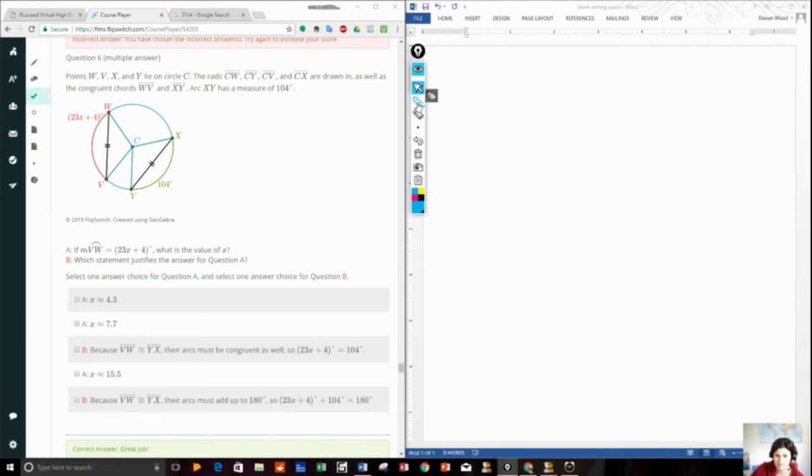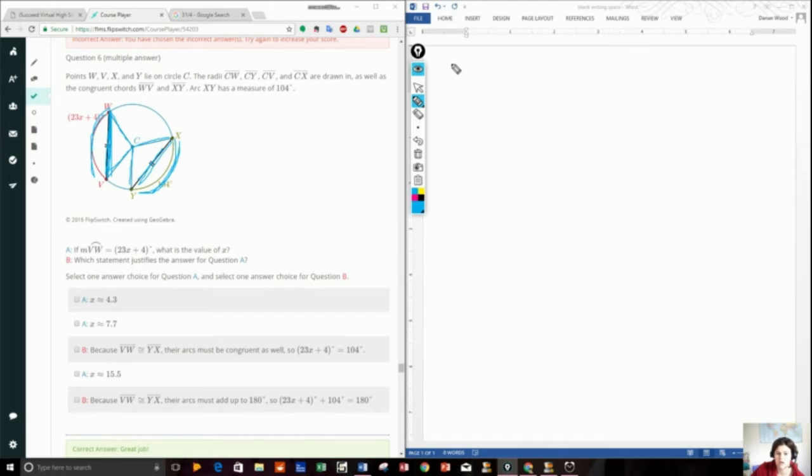Okay, so what they're giving us is that we have this radius and radius, radius, radius, and it also says that our chords are congruent. So since our chords are congruent, we know that their arcs are going to be congruent, which means they're going to be the same.